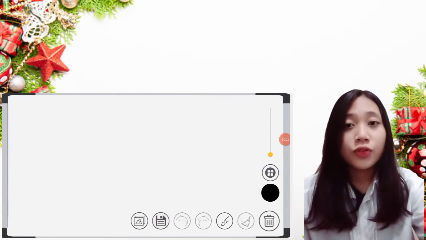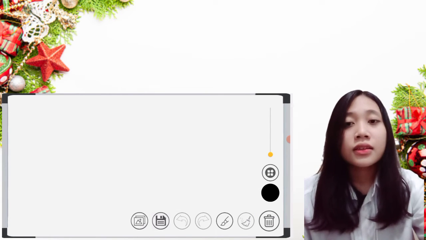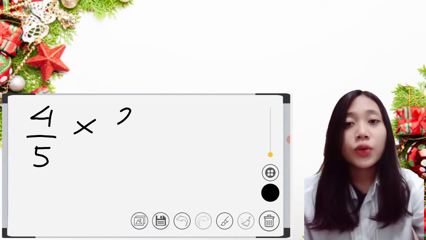Okay, let's move on to the form of multiplication of common fractions. Example, 4 over 5 times 2 over 7 equals. To answer questions in the form of multiplication of common fractions, we can directly multiply the numerator and denominator.